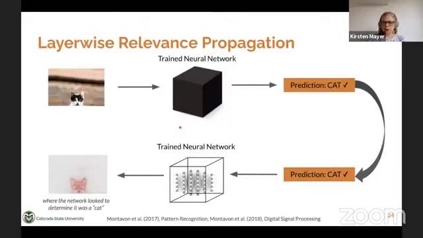So I'm just going to briefly talk about what layer-wise relevance propagation is again. This example was just given, but let's say we have a neural network that's trying to decide whether an image is a cat or a dog. Well, you input the image into a trained neural network and it pops out a prediction of whether it thinks it's a cat or a dog. Let's say it was a correct prediction of a cat, and we can tell that this is a cat.